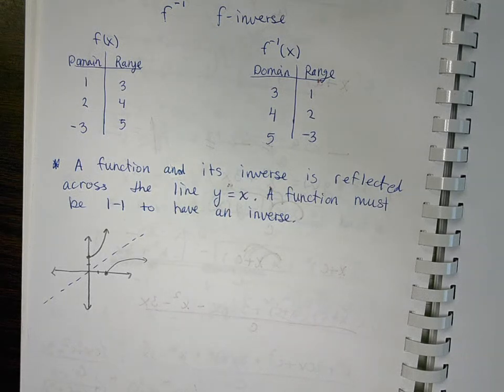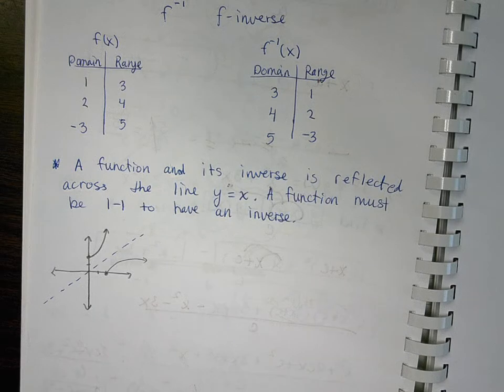All right, what does that mean? We know what test to do to test if it is a function. How do we test if something is a function? Vertical line test. Now, everything that passes a vertical line test is a function. Do we agree? But not every function has an inverse.